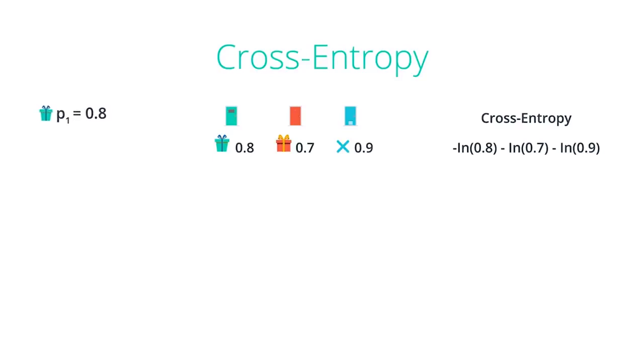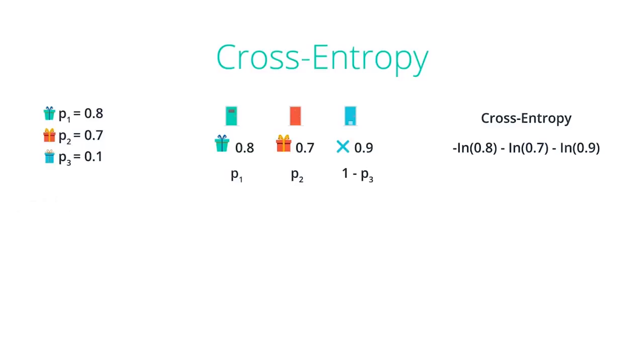And in order to derive the formula, we'll add some variables. So let's call P1 the probability that there's a gift behind the first door, P2 the probability that there's a gift behind the second door, and P3 the probability there's a gift behind the third door. So this 0.8 here is P1, this 0.7 here is P2, and this 0.9 here is 1 minus P3, since the probability of there not being a gift is 1 minus the probability of there being a gift.